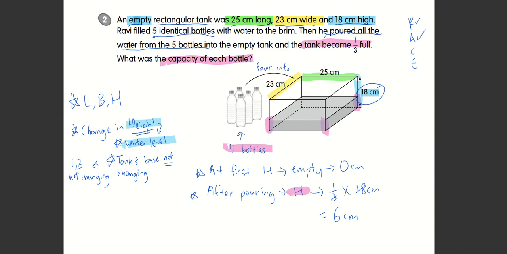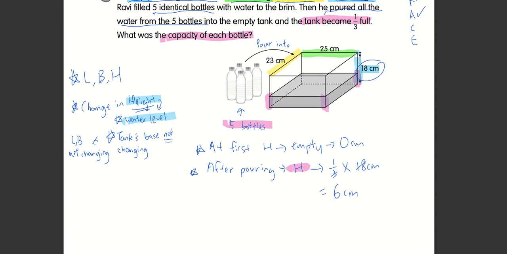So here we have 6 minus 0. The change in height is 6 centimeters. In other words, I talk about the volume of the water in the tank. And this volume of water came from the 5 bottles when they are full. 5 full bottles equals the volume of water in the tank.